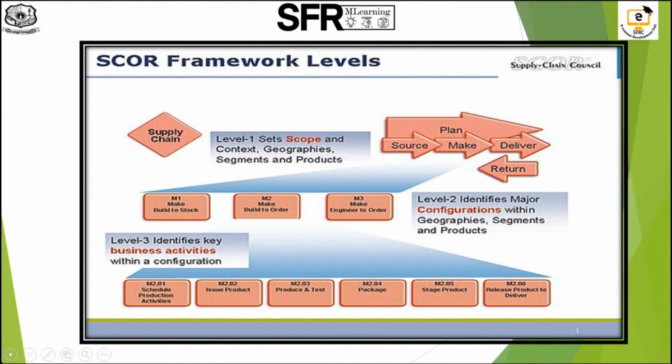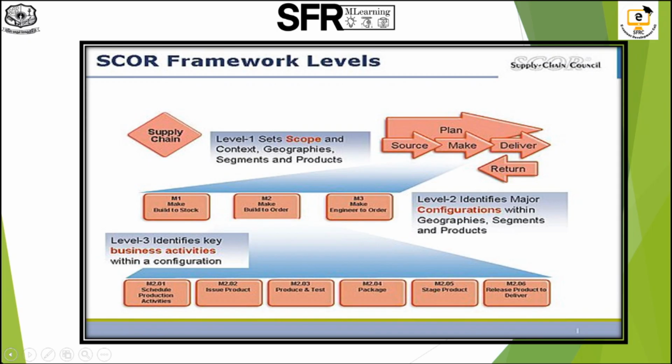The SCOR model involves 3 levels. In the first level, the scope and context of the supply chain is fixed in terms of the geographies, that is the location involved, the market segments involved, the product line, product mix and all.